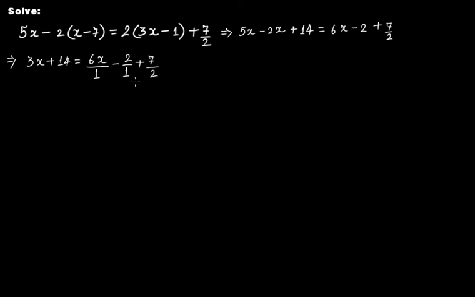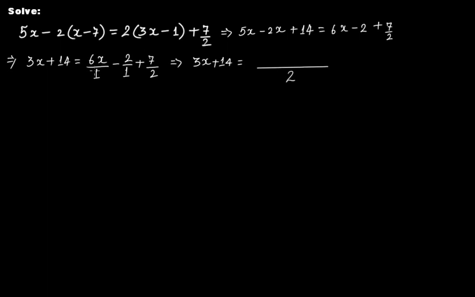Now here, actually you have to add two rational numbers and subtract one, right? So that's really very easy. This is 3x plus 14 is equal to, the LCM of 1 and 2 will be 2 only, so this is 2.